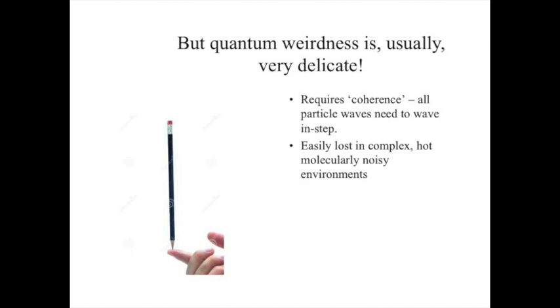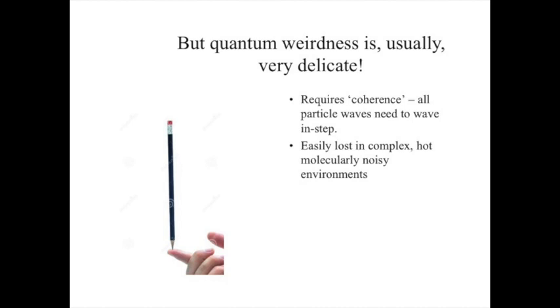Now, the problem with why that is a controversial claim is that the quantum mechanical world requires coherence. All particle waves need to wave in step. Remember, in quantum mechanics, particles have wave-like properties. An individual particle will always have wave-like properties. Two electrons will have wave-like properties if they both wave in step. The same for 3 electrons, 4 electrons, 10 electrons, 10 trillion electrons will have wave-like properties if they all wave in step.